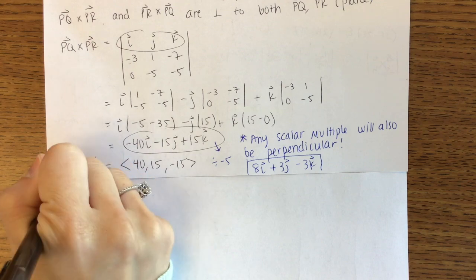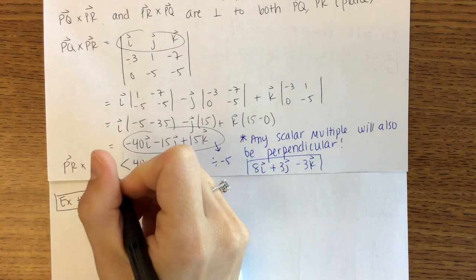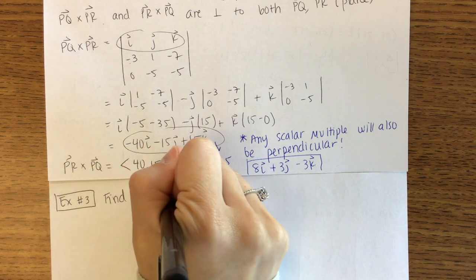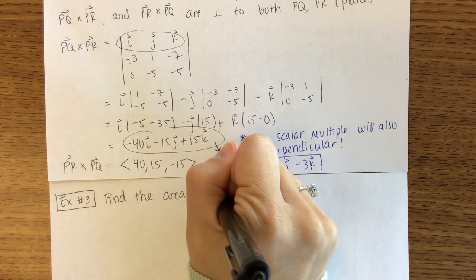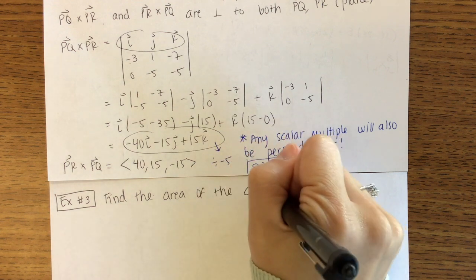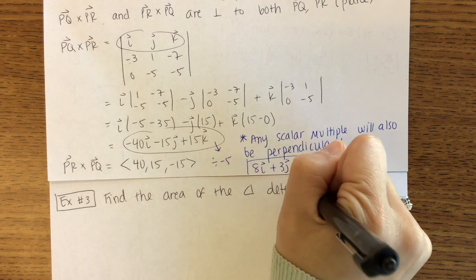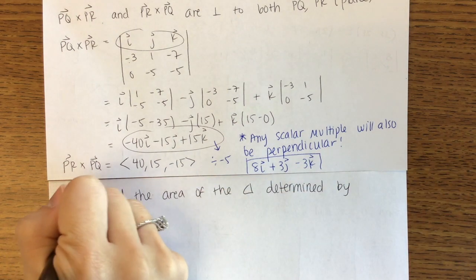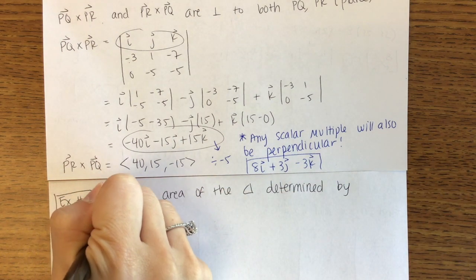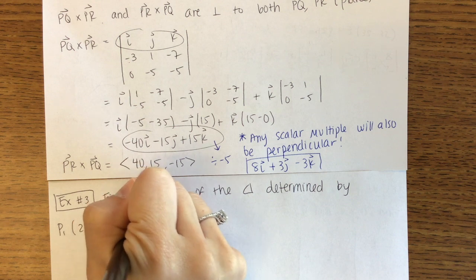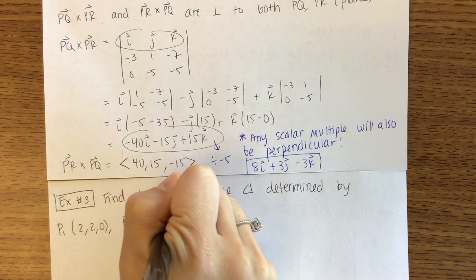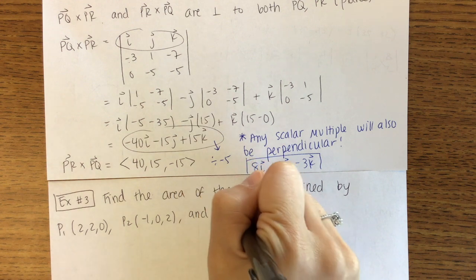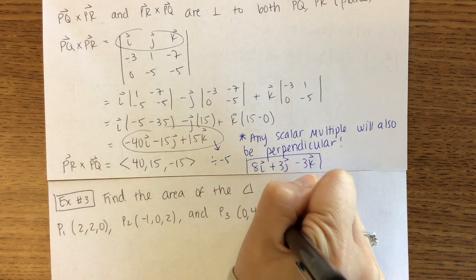Okay, next example. So example 3. We are going to find the area of the triangle determined by P1, which is the point 2, 2, 0, the point P2, which is -1, 0, 2, and the point P3, which is 0, 4, 3.